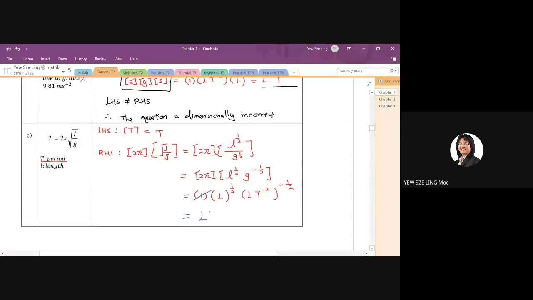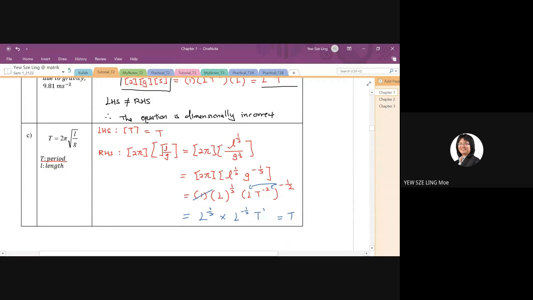So L^(1/2) times, now this one you bring the power in. So we have L^(-1/2) and then T. Now negative 2 times negative 1 over 2 becomes 1. So it becomes T. So L half times L negative half should then give you just T.